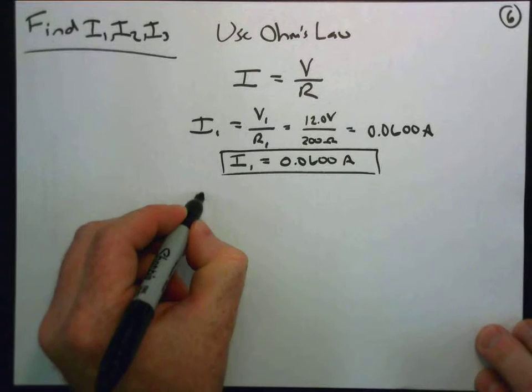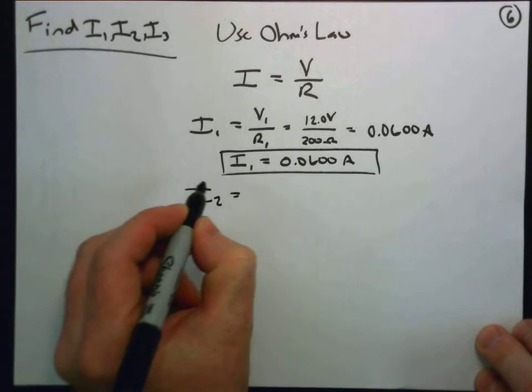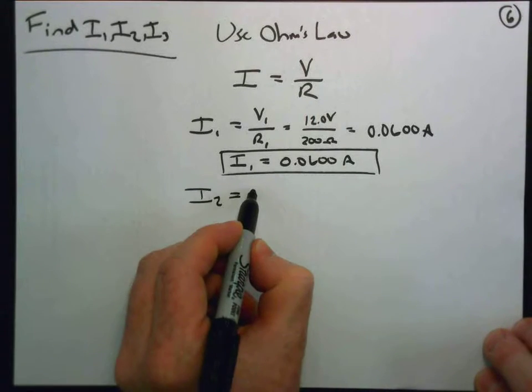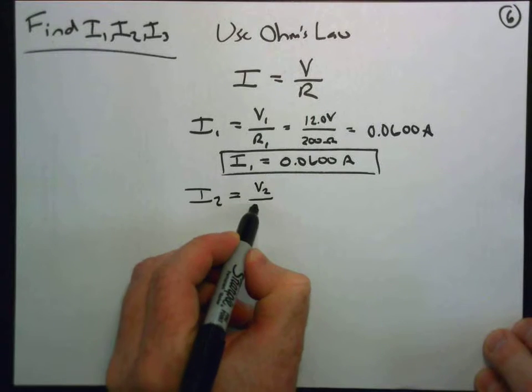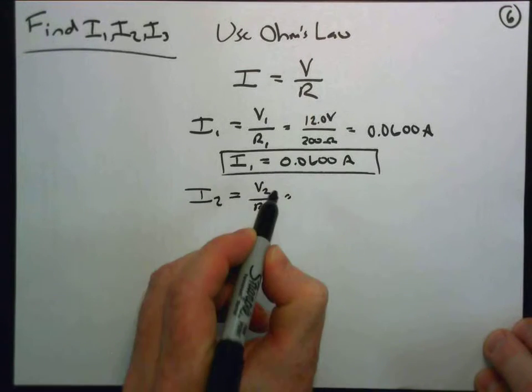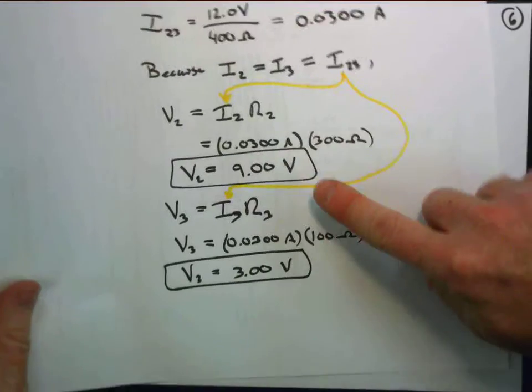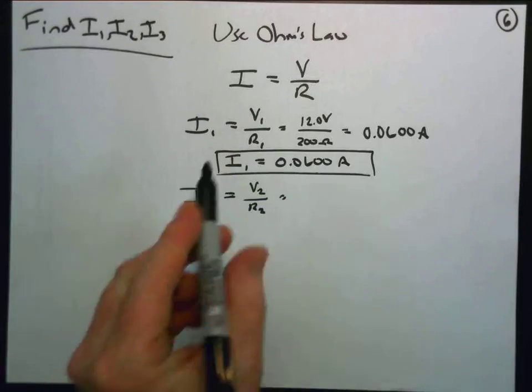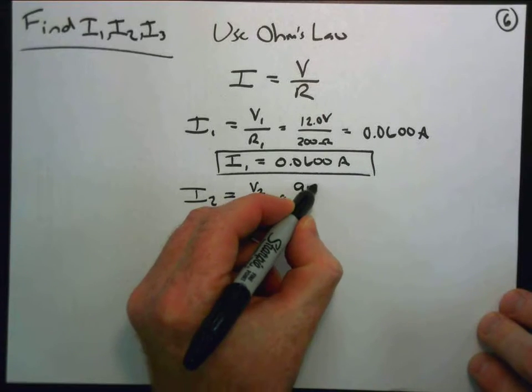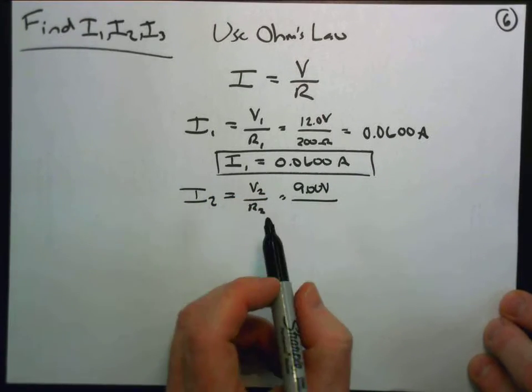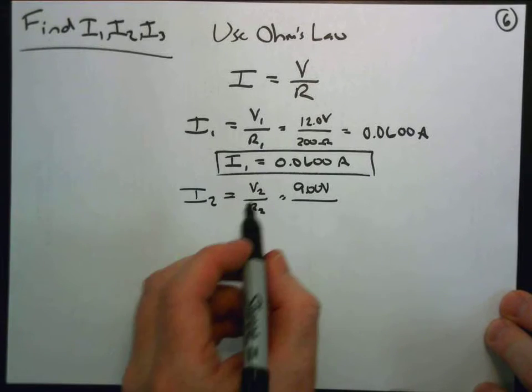I can do the same for I2. I got V2 divided by R2. And this is voltage drop across 2. I found that. That was 9 volts. And I'm going to divide by a resistance of 2, which is 300 ohms.